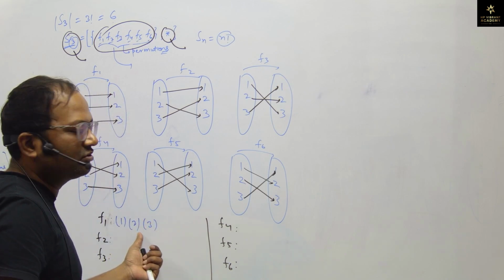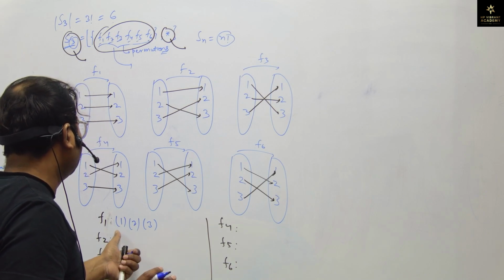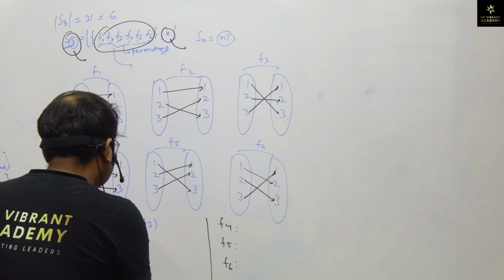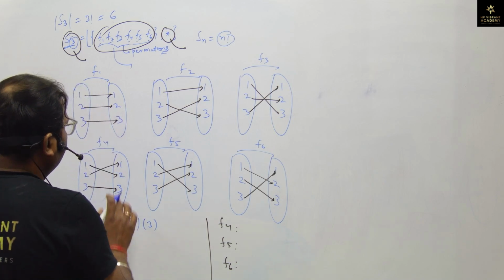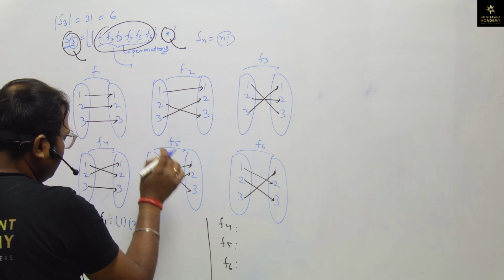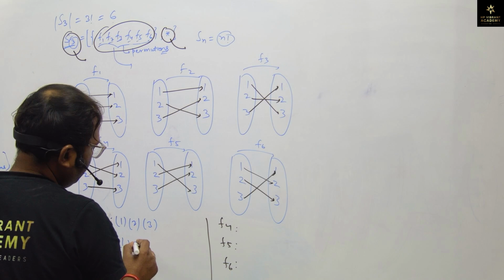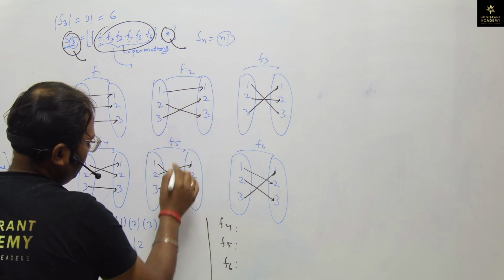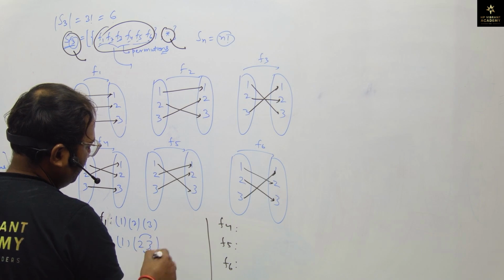We will discuss this in detail in the next lecture, so don't worry how I am writing this. So in F1, 1 goes to 1, 2 goes to 2, 3 goes to 3. In F2 we have 1 goes to 1, 2 goes to 3 and 3 goes to 2, closed.